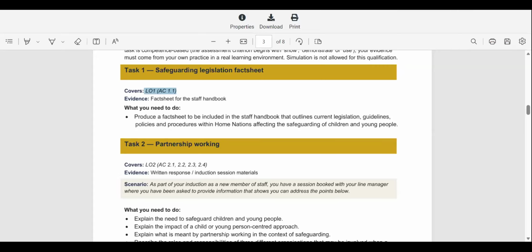So you could look at the legislation in learning outcome 1, AC 1.1. I'll tell you which page you would be referring to for that. Let me just go back up. So that's learning outcome 1.